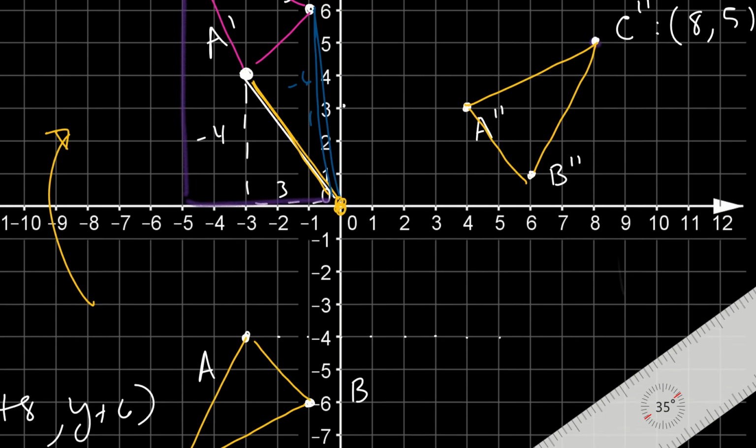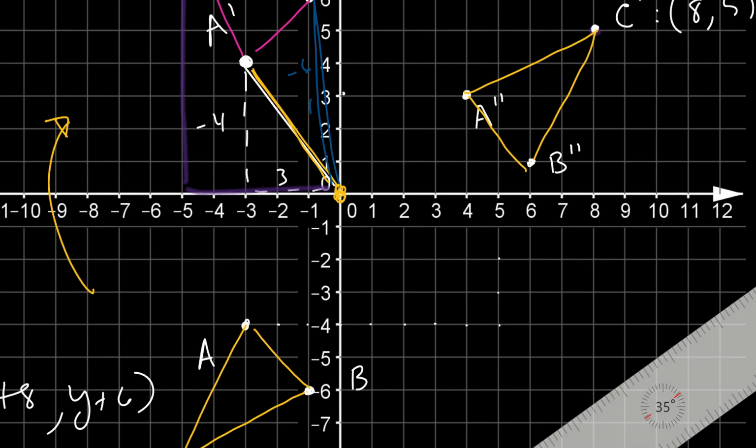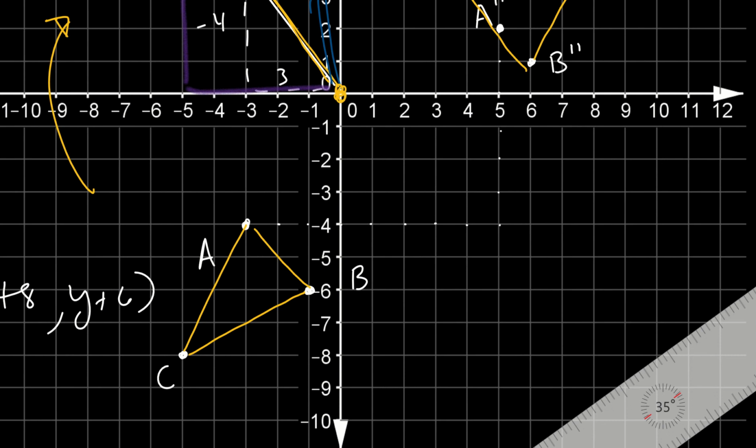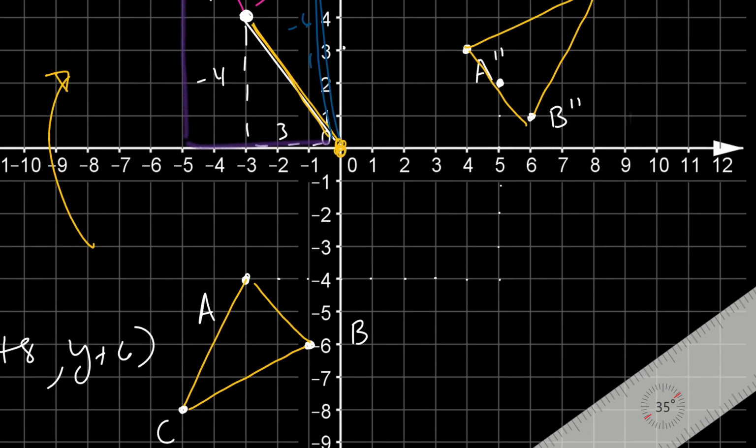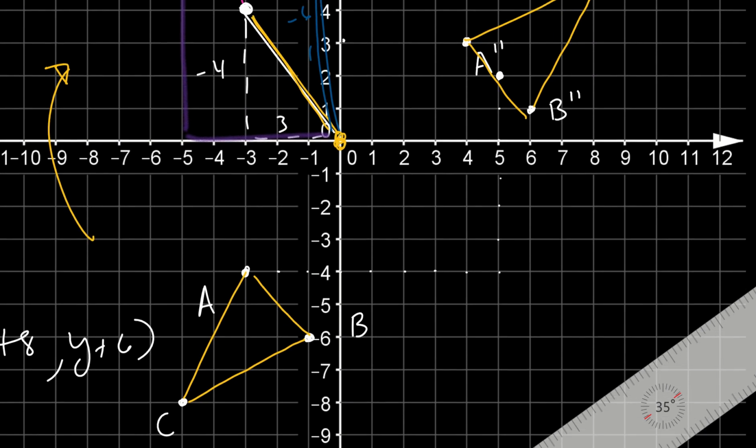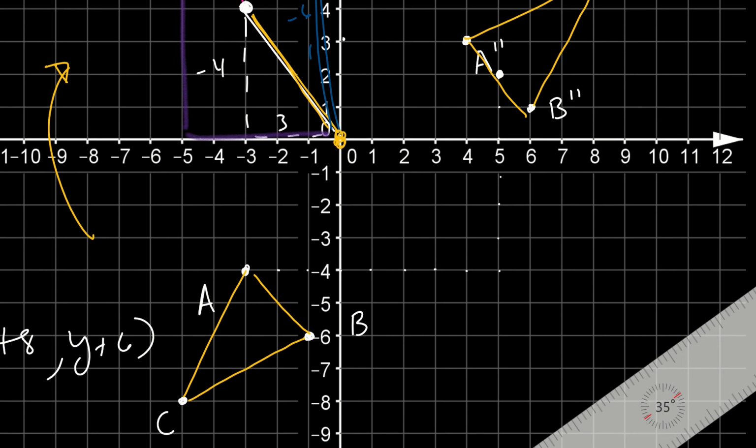And I'm going to go up 6. 1, 2, 3, 4, 5, 6. So this triangle is going to get in the way of that A double prime, B double prime, C double prime, but oh well. Okay, and then that's where this newest A is from, and I'll do these all in this purple color.